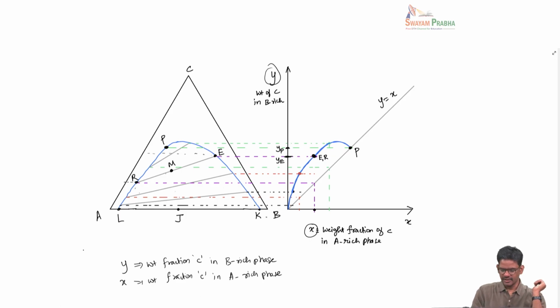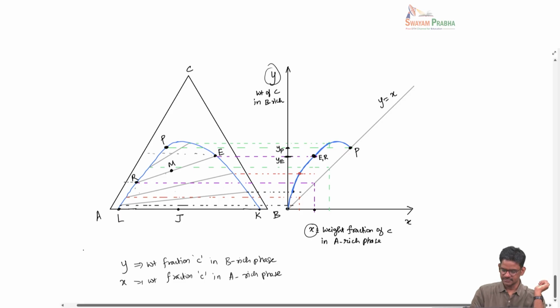And if you look along the line AB, where C is 0, that would be the origin here. Now between these points you can find so many other points. For example, if I take this tie line, I read the y value from here, x value from here, and I make this point.